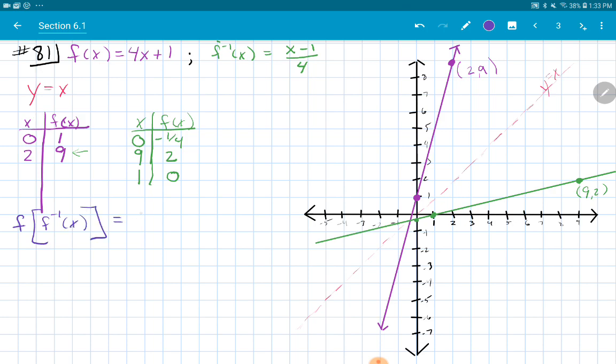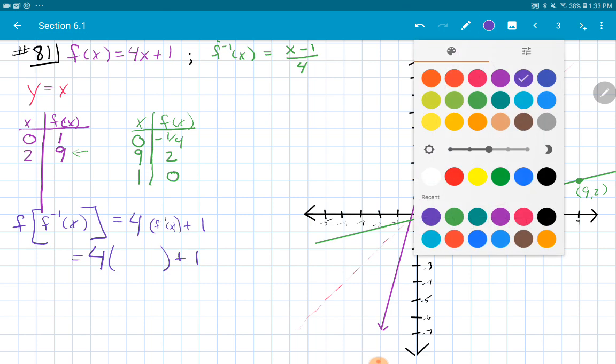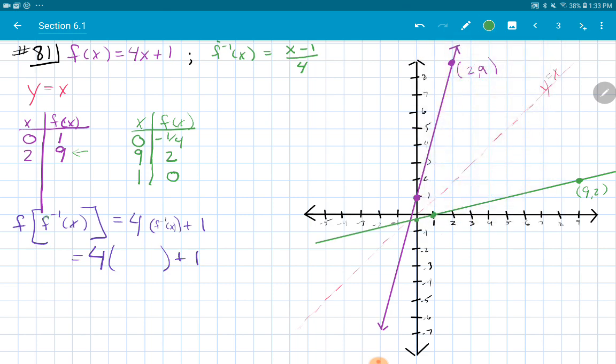When I write f of x, instead of the x, I'm going to write in the inverse, which I'm writing in green. I'm replacing this x right here with f inverse, which is x minus 1 over 4.